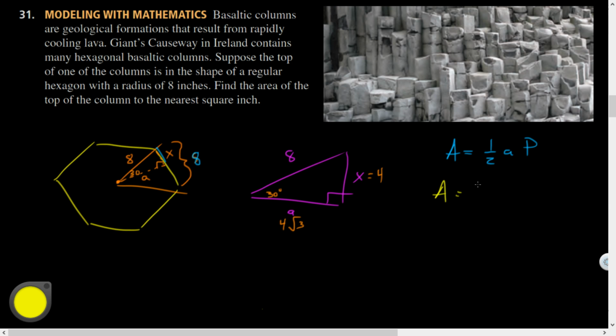So I'm going to get area is equal to half the apothem, which was 4 rad 3, which is 6.928. Give me some more decimals than just 1. And then perimeter is 8 times the number of sides. So half of 4 is 2 rad 3, and 8 times 6 is 48. And so I get 96 rad 3.